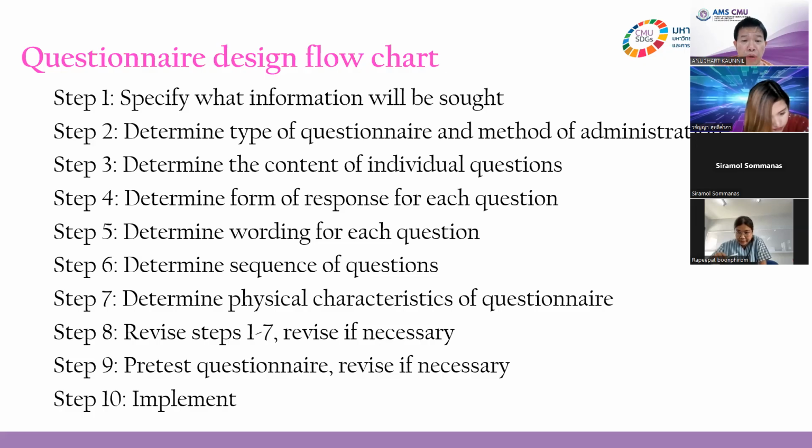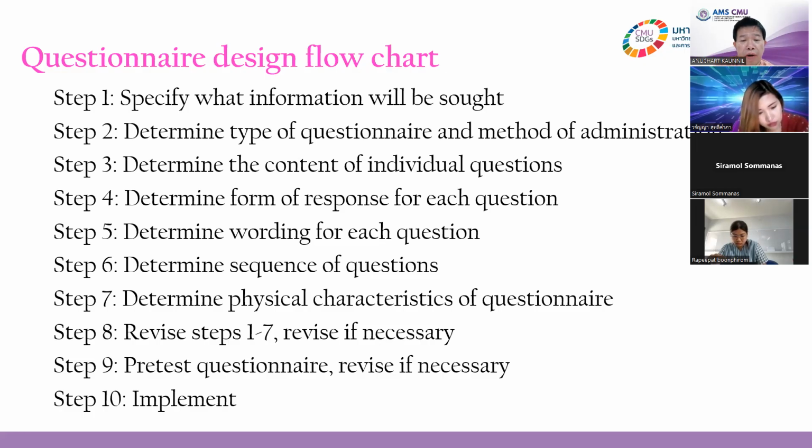Then sequence the questions and consider the physical characteristics of the questionnaire. If it's on a platform, you need to make everything clear, not just click. It's very hard: double click or click. Okay, just a square or surrounding to put inside. Sometimes try to design in the very best way.